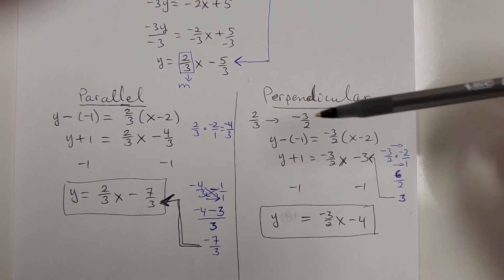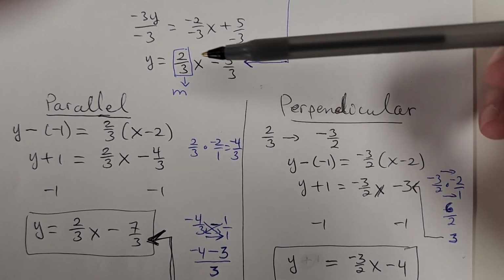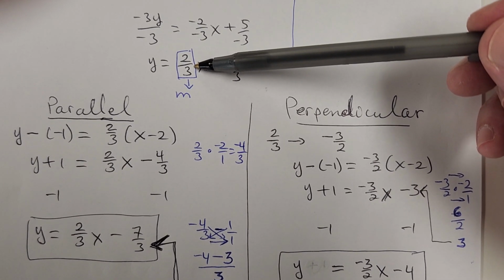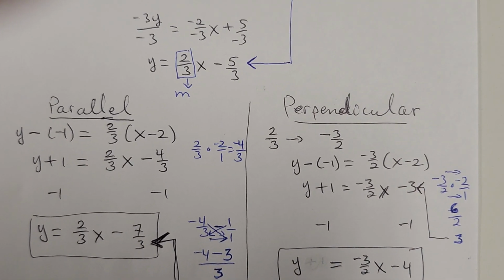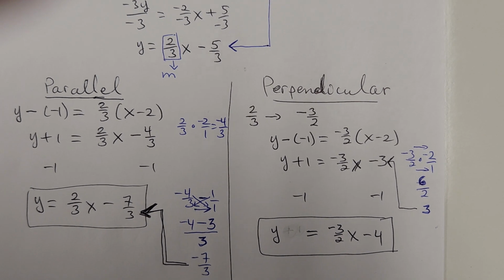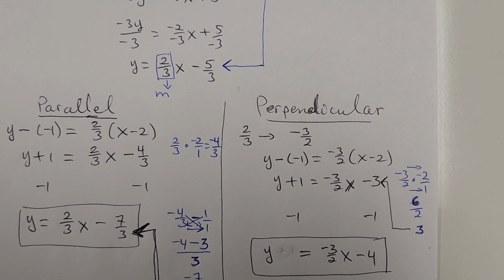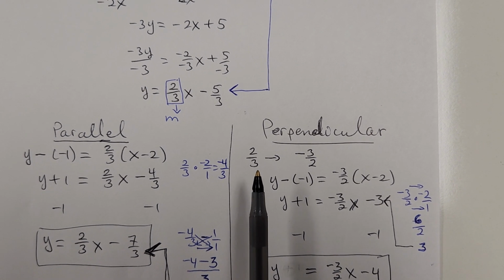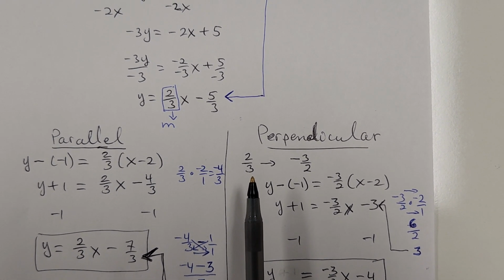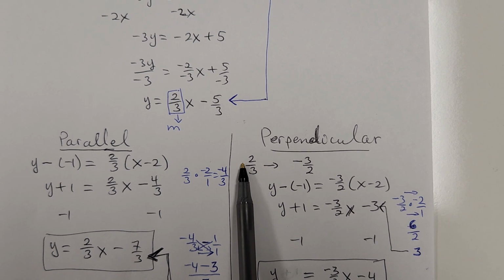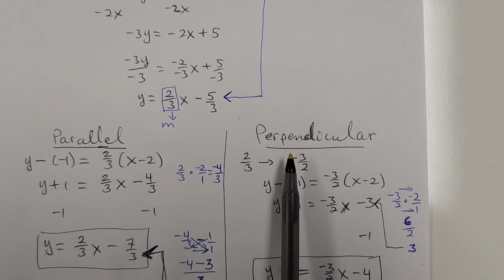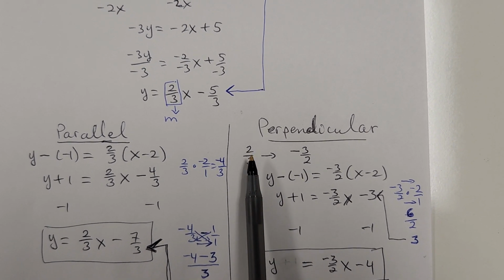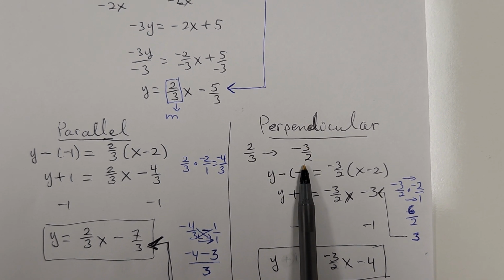For perpendicular, if you remember, use the original slope, but this time you have to do the negative reciprocal. The original slope is 2/3. If you remember the two words, opposite, flip: this is positive, so the opposite must be negative. Then flip the 2/3, which is 3/2.